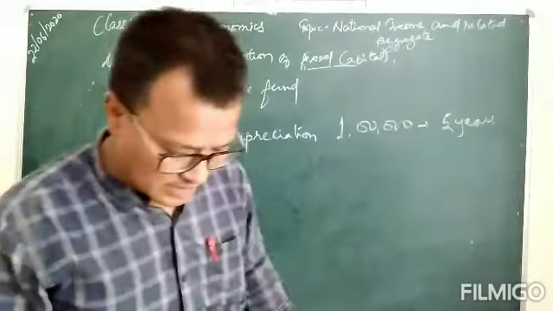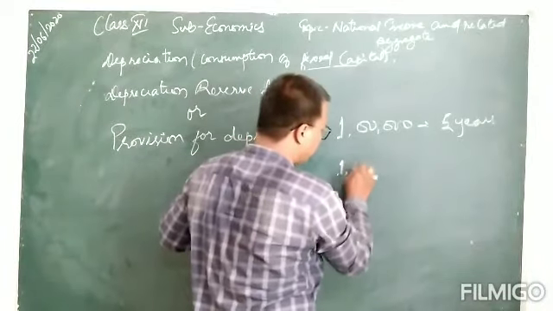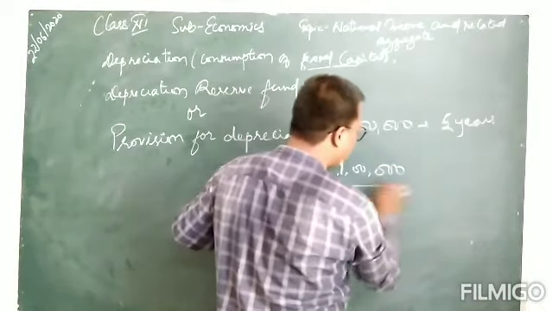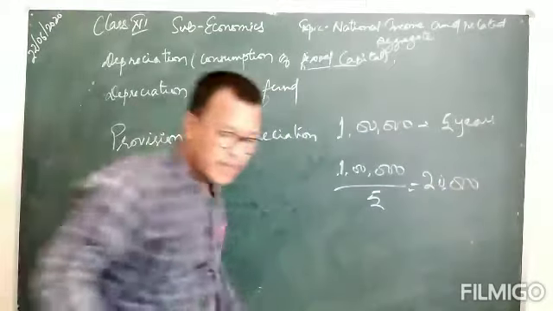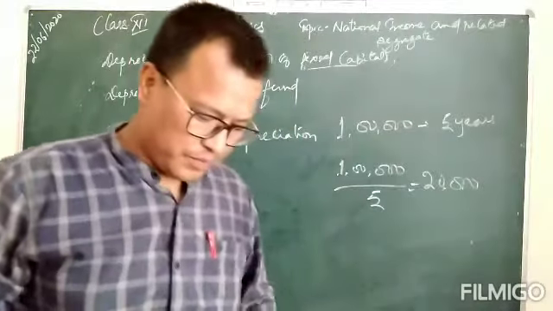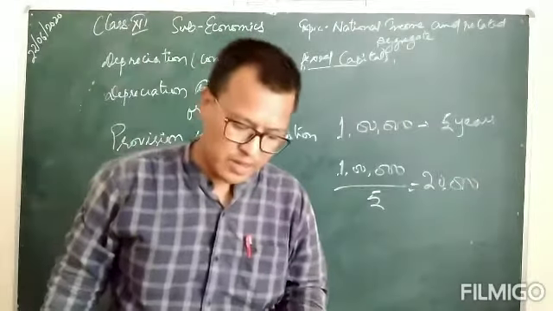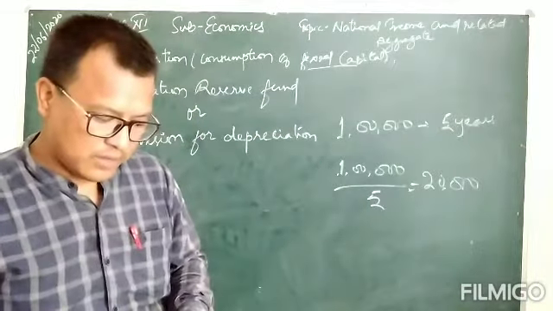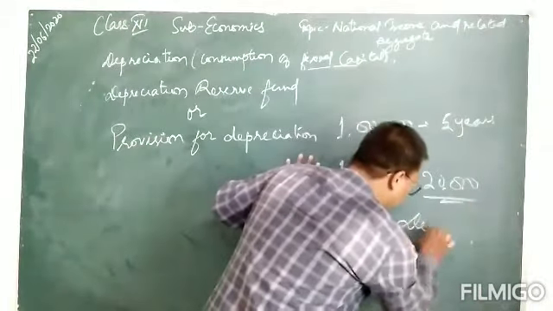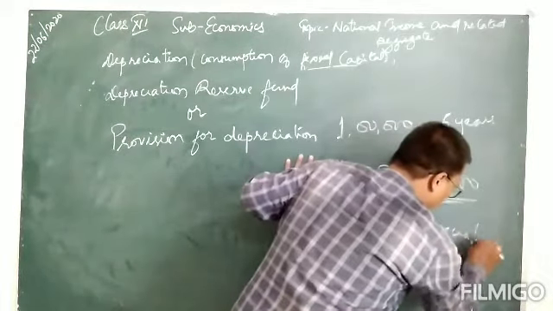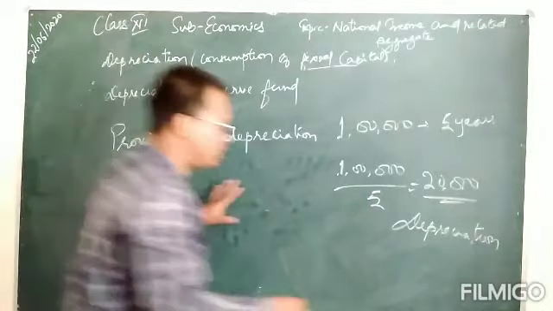We can calculate the annual provision by dividing this 1 lakh by the time period. That will be 20,000. This 20,000 is the fund so accumulated, or we can call it the depreciation reserve fund.